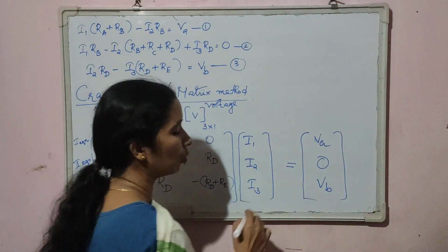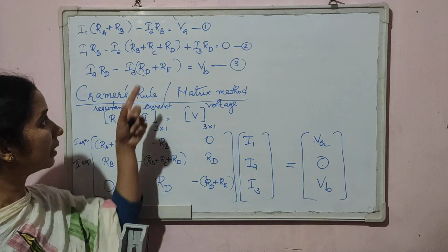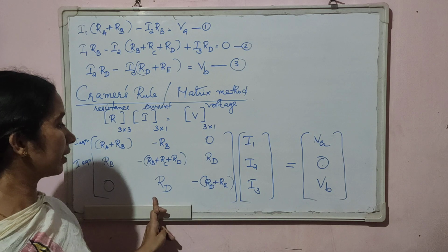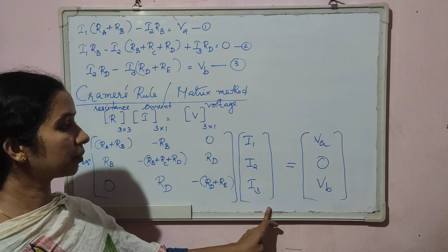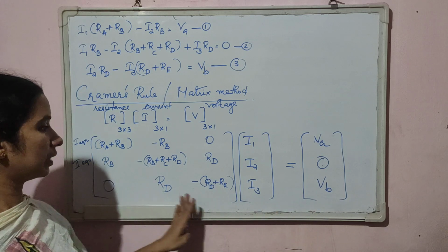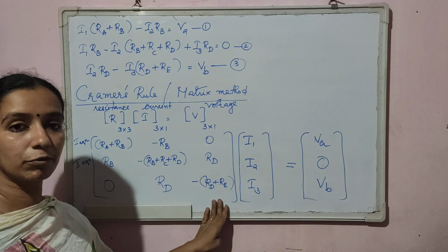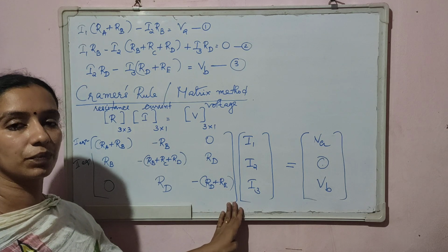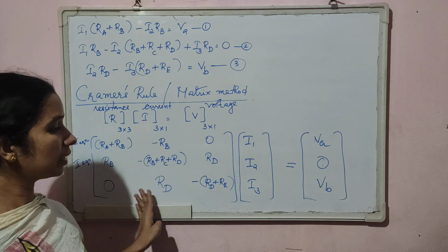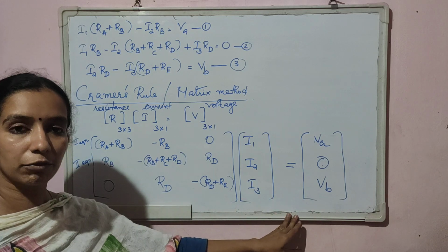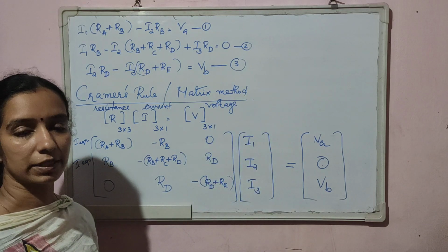This is how we represent these three KVL equations in matrix form. A resistance matrix into a current matrix is equal to a voltage matrix. We know that this is a 3 by 3 square matrix. So this is the specific matrix equation for the circuit that we have considered.